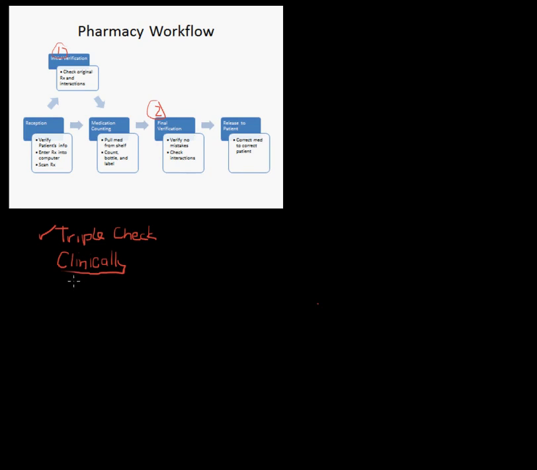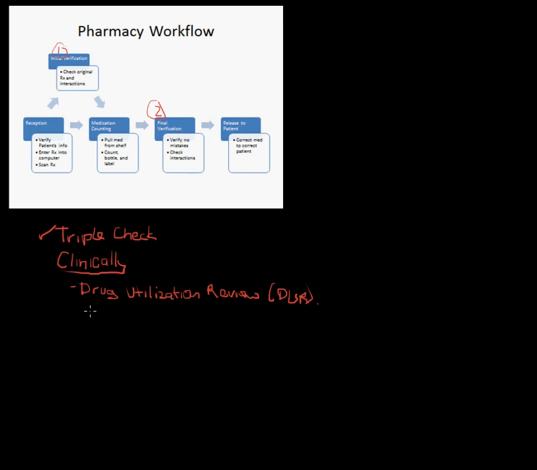This is going to be important when looking at what we call drug utilization reviews, or a DUR. Sorry for my handwriting. So our drug utilization review.